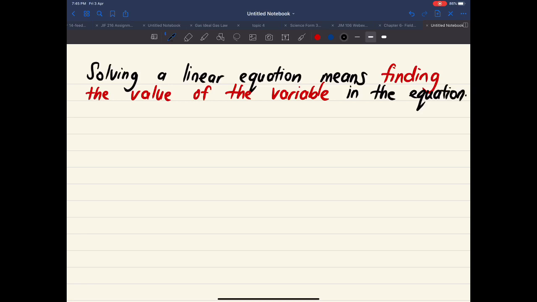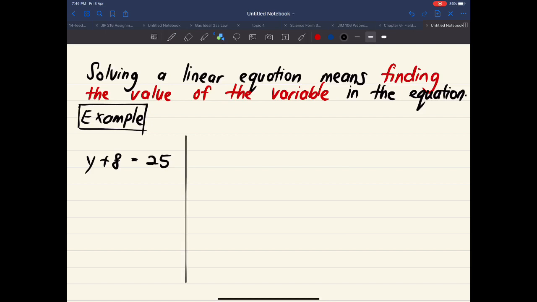Okay, so for example, the equation is y plus 8 equals to 25. And what is the method of solving?